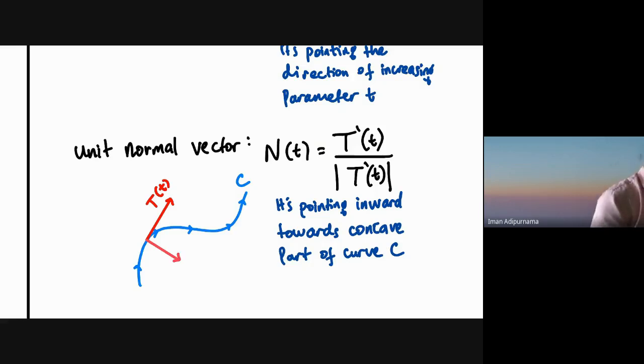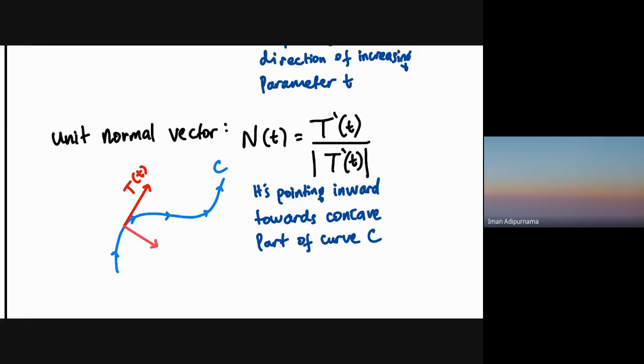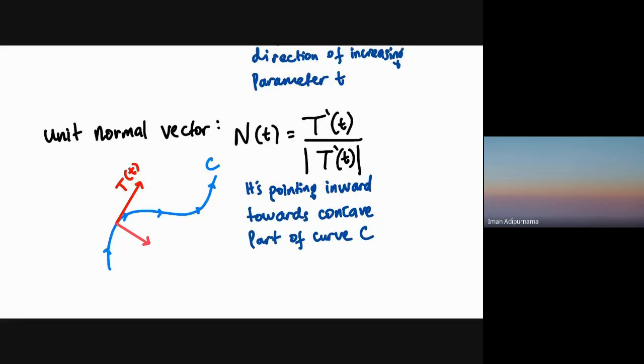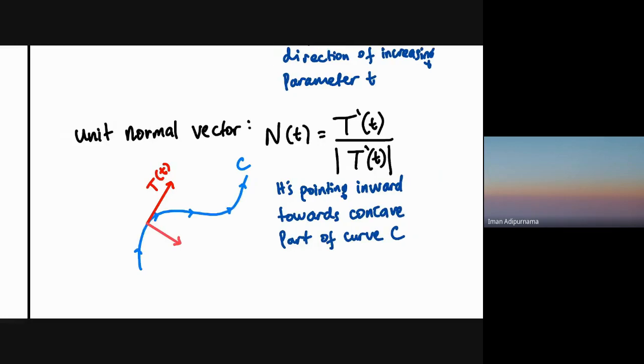That's what it means. So if you have the concave is here, the normal vector is always going here. Okay. If the tangent here, then this will be the normal vector. And this is orthogonal.